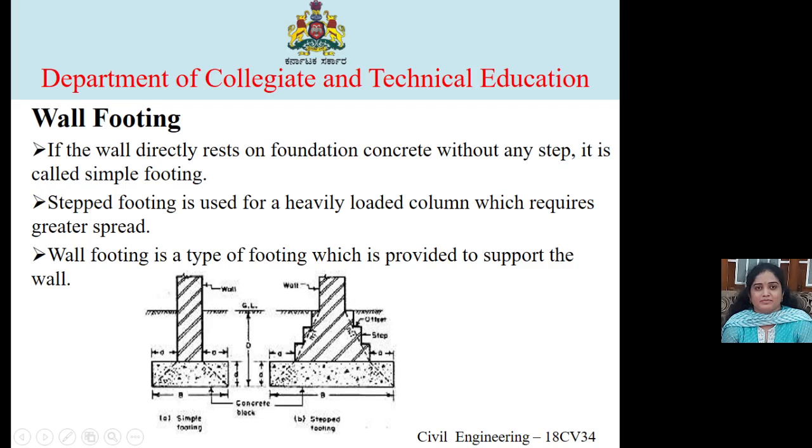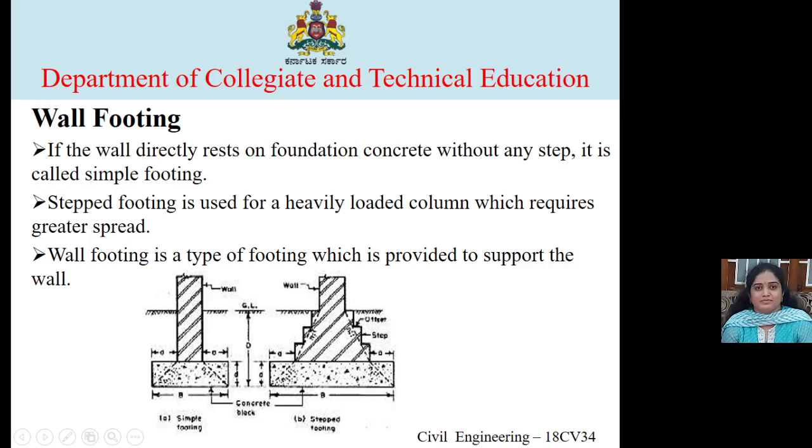Here it is the same width, and here the footing is stepped. The base is common. If you want to lay any foundation, you need a leveled and hard surface, so that's why the concrete base is there. That is common, and over that it is a uniform thickness. Here it is stepped. So both are wall footings.